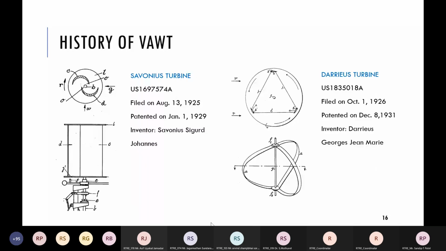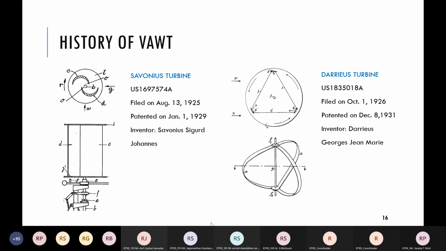Okay, not the history, but the inception of VAWT. There are two fundamental vertical axis wind turbines on which the whole VAWT technology has been built. One is the Savonius turbine, the second one is the Darrieus turbine. The Savonius turbine was patented in 1929, while the Darrieus turbine was patented in 1931.